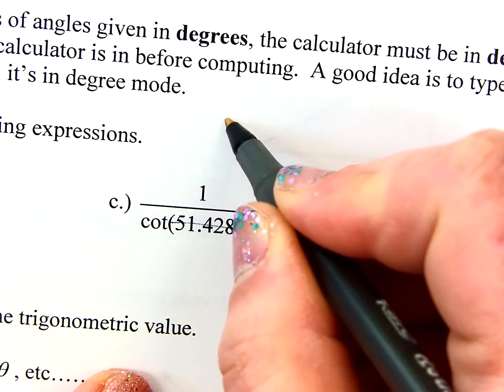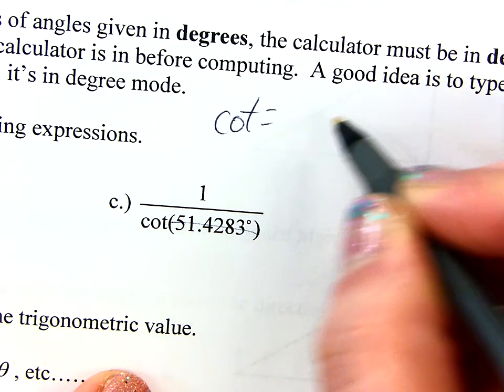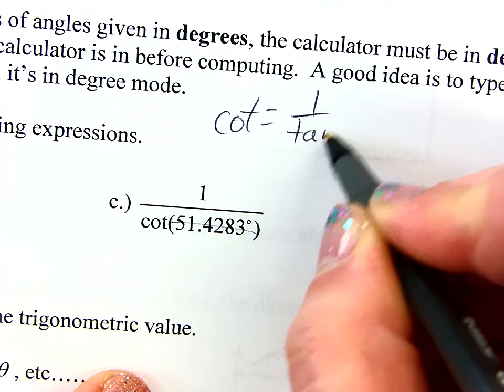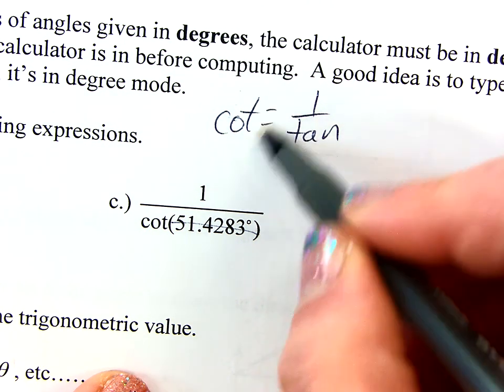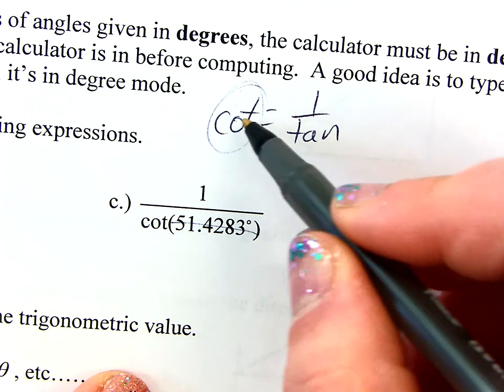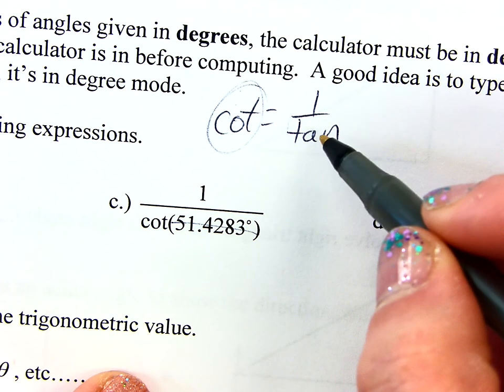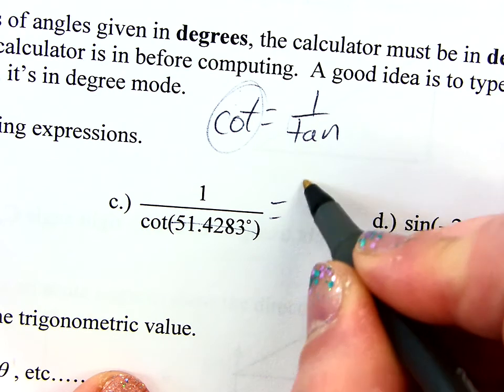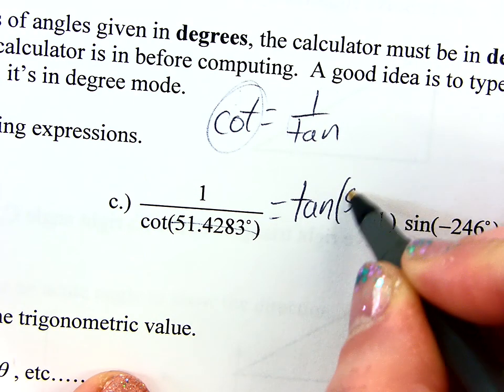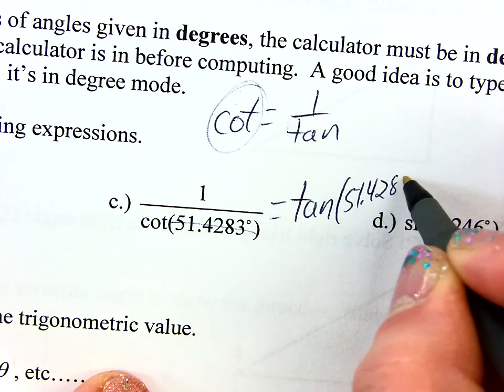Remember that cotangent is just the reciprocal of tangent, right? So if I want the reciprocal of this side, 1 over that, don't I just want the reciprocal of this side? So this whole thing is really the same thing as just tangent of 51.4283.